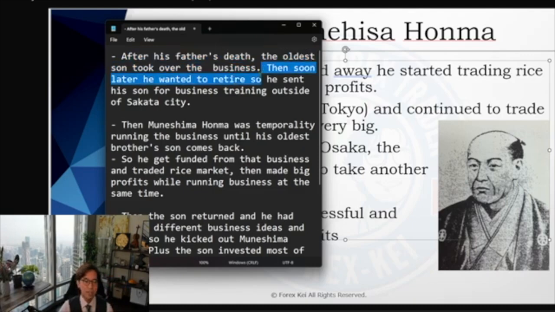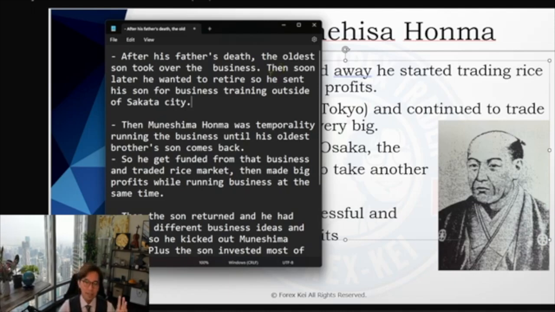Again, there were 3 sons. Munehisa Honma was the youngest, and the oldest took over the business after his father passed away.